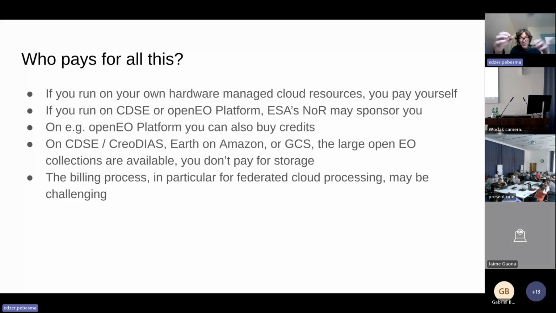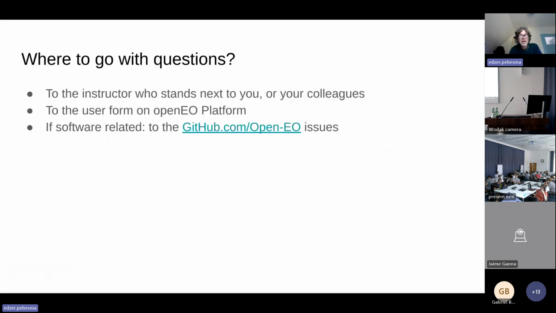Federated means that there will be different clouds that solve parts of your problems, for instance because there is not a single cloud that holds all of the archives that you're addressing. So if you want to combine ERA5 and Sentinel-2 over a continent, how are you going to combine these two things? An approach is there to do this with federated cloud processing.